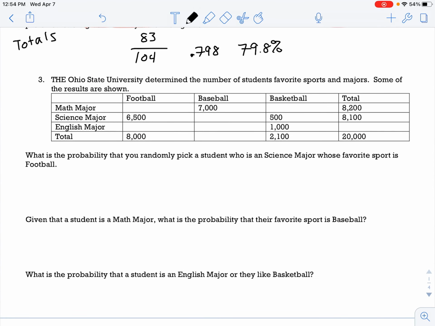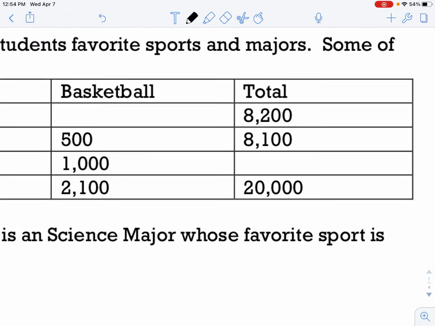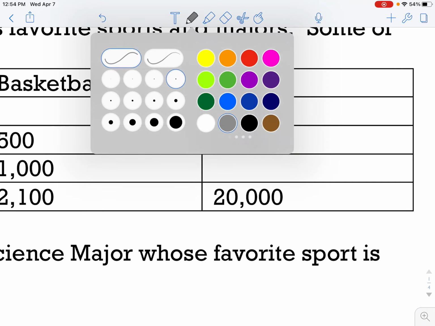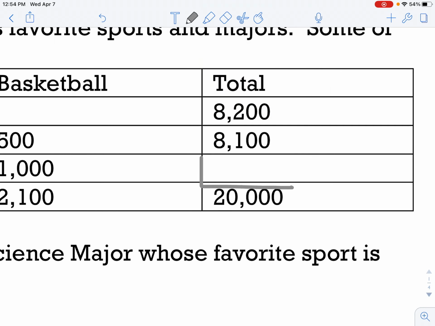Then we got this one right here, another two-way table. The Ohio State University determined the number of students' favorite sports and majors. Some of the results are shown. So this one right here, what we got to do is just fill in stuff. Okay, I'm just going to start right here with the totals. You can figure out this number first.